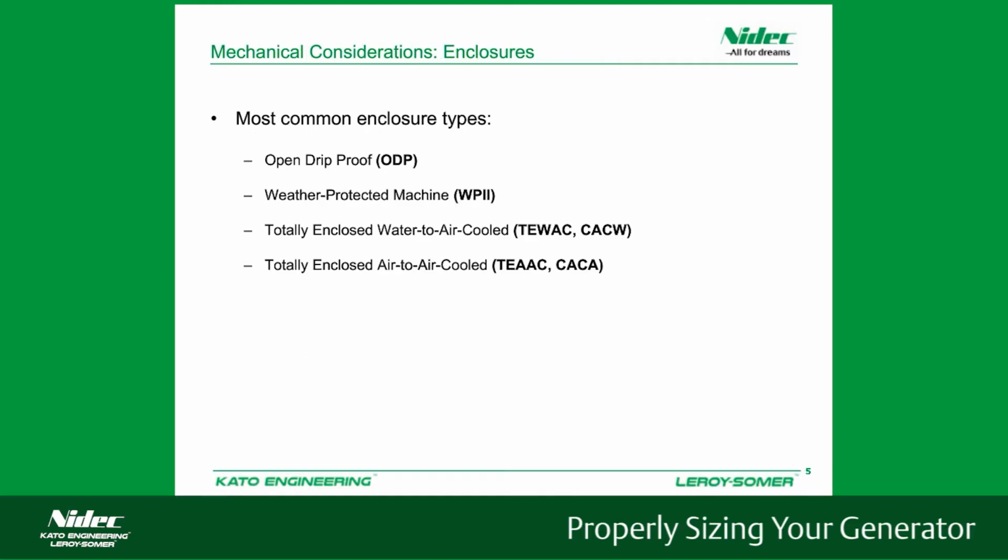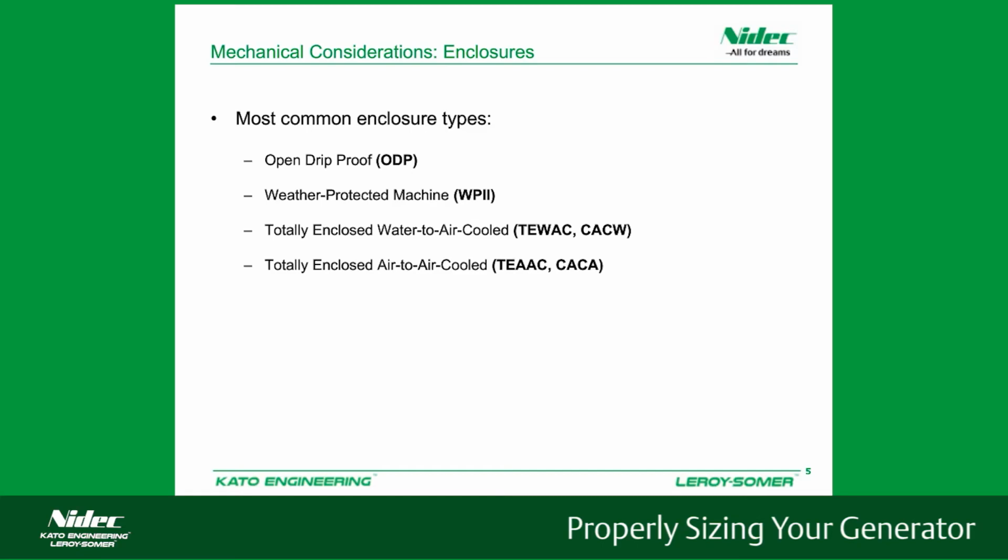The most common enclosure types that we're going to see are going to be an open drip proof, which is shortened down to ODP, a weather protected machine, also known as a WP2, totally enclosed water to air cooled, or a TWAC, also called a CACW, which stands for closed air, closed water.